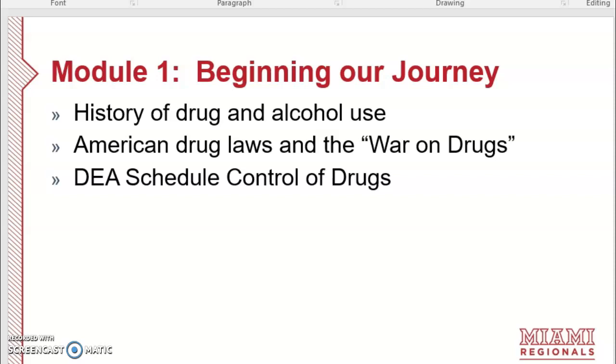Schedule 1 drugs currently include federally things like marijuana, LSD, MDMA, and heroin, of course. But marijuana, LSD, and MDMA are all used therapeutically, and so it'll be interesting to see if we can ever get those drugs off Schedule 1.